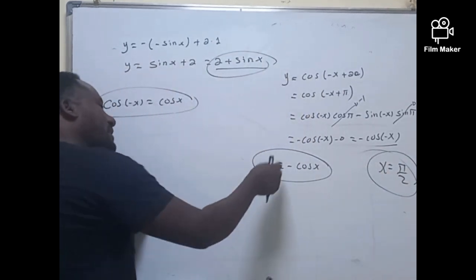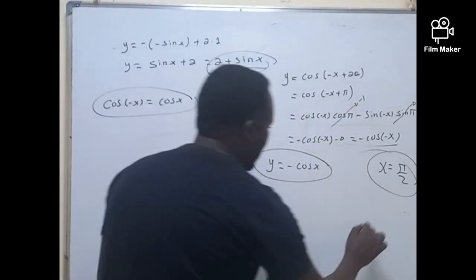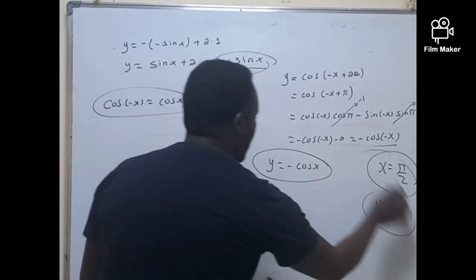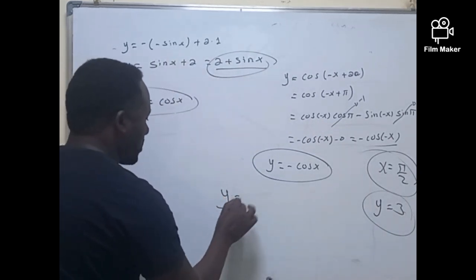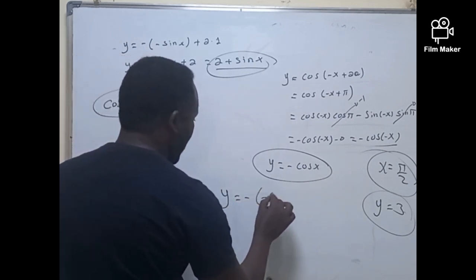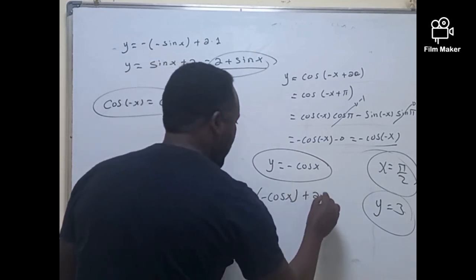Then we have to reflect this again about the reflection line y is equal to 3. So when we have been reflecting this about this line, this is going to be y, which is equal to what? This is going to be negative of, that is negative cos x plus 2a.